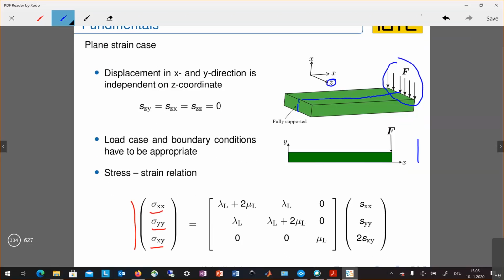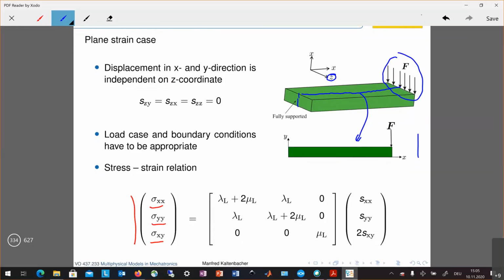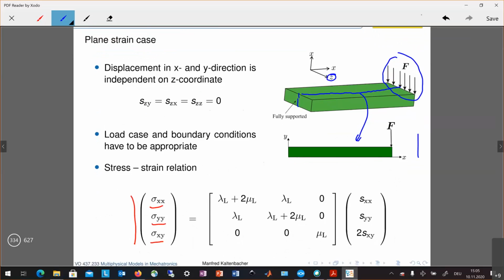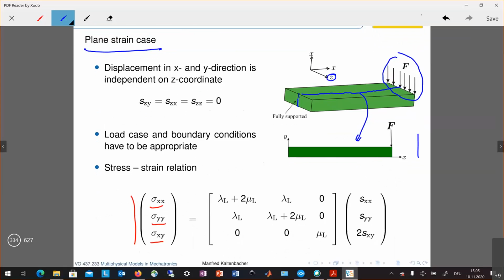And then we come up to this 2D model, on which we can then perform the computation. Okay, so this is the so-called plane strain case if we have such a setup. So we reduce the three-dimensional case to a two-dimensional case. Not only computational time will reduce, but also the post-processing will be easier and so on.